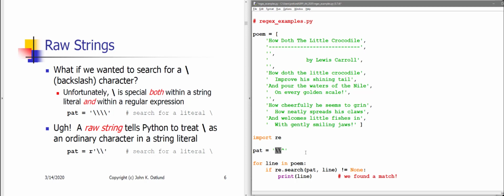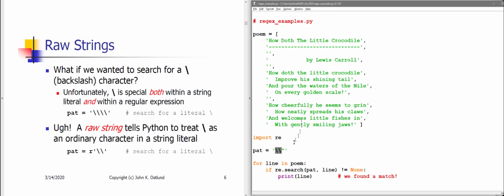Now, if you didn't entirely understand what I just said, I'm not shocked. The problem here is that it's a nuisance, it's a mess, to have to remember whenever you're typing a regular expression pattern to double your backslashes all the time.